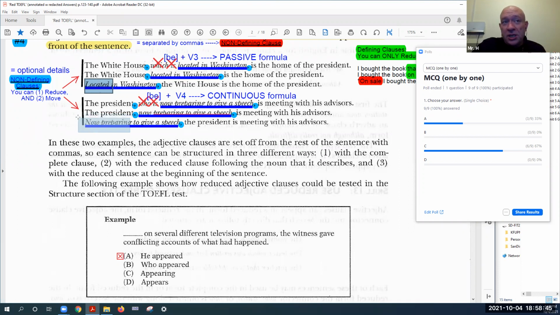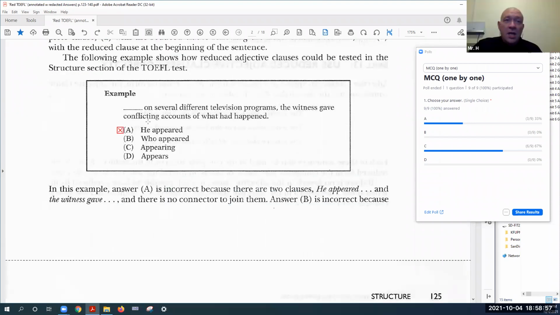When it's reduced, do you see a subject at the beginning? No. This is a full sentence: he appeared, subject, verb, then a comma, and then another subject and another verb. That's not possible, guys, because there's no connector.